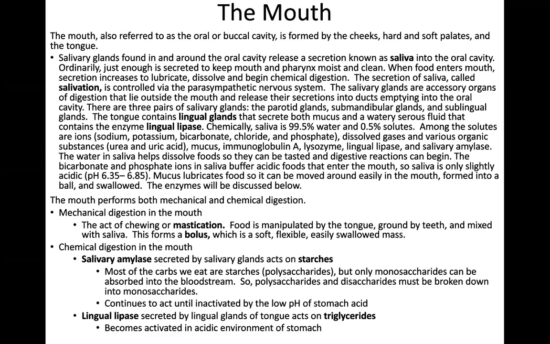With that said, what we're going to do from this point for the next several slides is go from the top of the tract all the way down, where it all begins with the mouth, also known as your oral or buccal cavity, formed by the cheeks, the hard and soft palates, and your tongue.